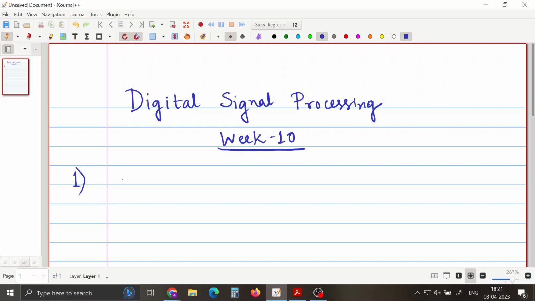The impulse response is given as follows. h of n is 3 when n is equal to 7, it is equal to -2 when n equals 8, and it is 0 elsewhere.